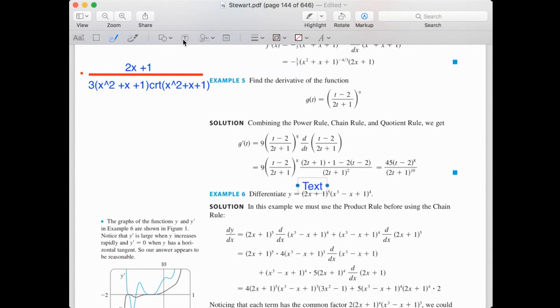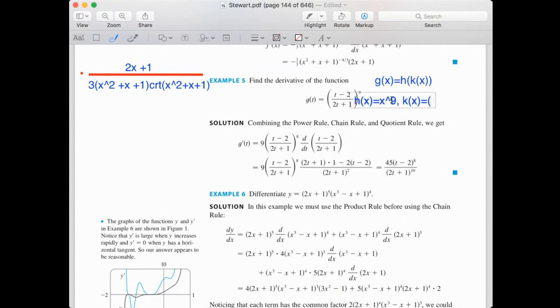So think about this as g of x equals h of k of x. What does h do? H raises the input to the 9th power. So x raised to 9. What does k do? K is the inside function.